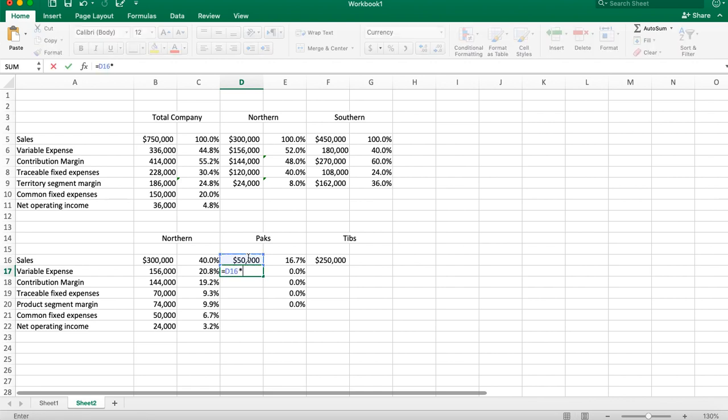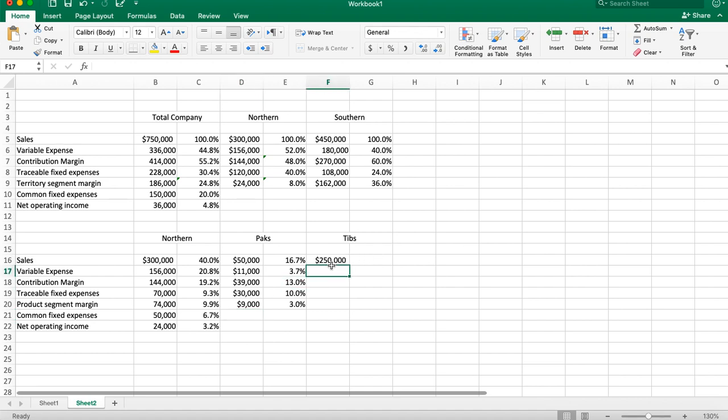So we know that that is point, and I'm doing something I tell my students never do. Don't ever put a hard number in a formula. Putting that 22%, better practice is to put this over in your assumptions and cell reference it. But since I won't be using it again, I'm going to go ahead and do it this way. So I've got a contribution margin of 39,000. They tell me my traceable fixed expenses are 30,000. So I've got a product segment margin of 9,000.